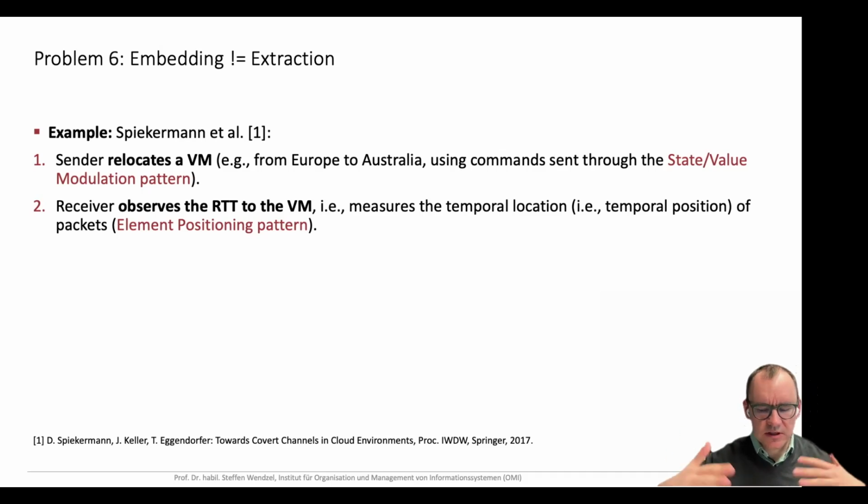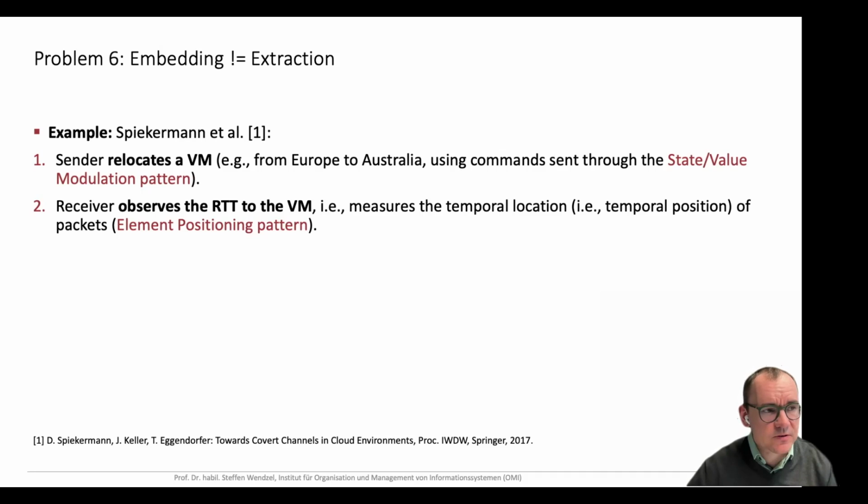So it's some state value modulation of some commands. But the receiver, in order to obtain the secret message, needs to measure the round trip time, because the round trip time might encode indirectly through the location of the sender the secret message. So that's an element positioning again, because we need to measure the temporal position. And that's why we decoupled embedding and extraction process.